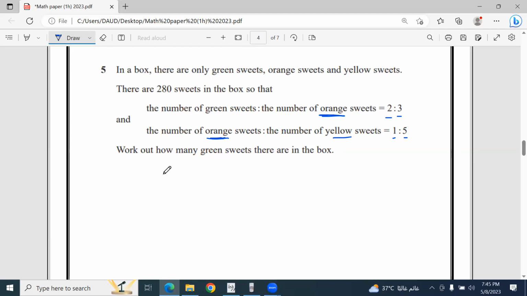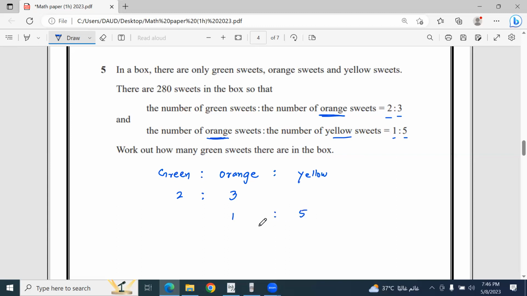So if I write green, ratio orange, ratio yellow, you will come to know green to orange we have 2:3, and orange to yellow we have 1:5.